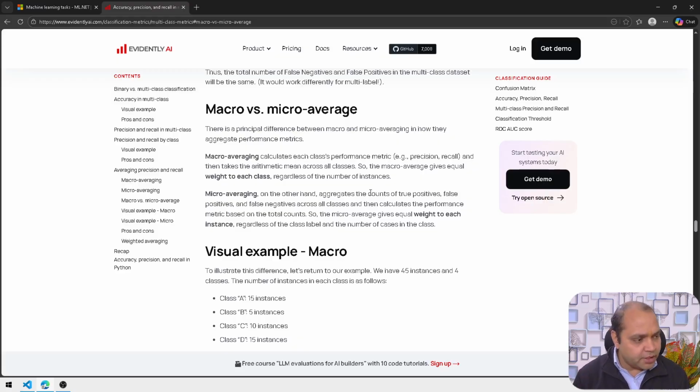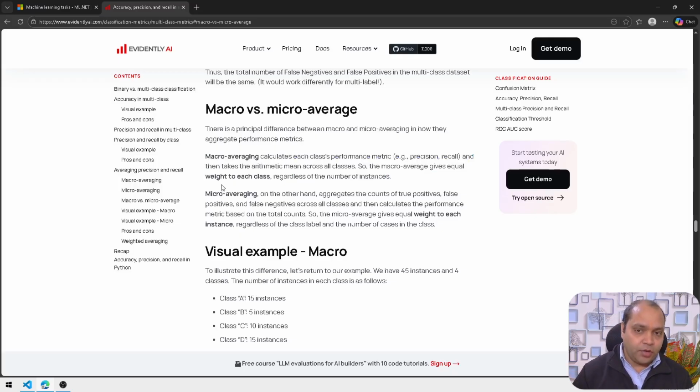This is averaging, guys, because macro accuracy means the model calculates each class's performance. You know precision, recall, and F1 score from the previous session. If you don't know, please refer to the binary classification session. So macro accuracy calculates each class's performance individually and then takes a mean. Averaging means taking a mean of that, so that gives equal weightage to each class. That's perfectly fine, so it is shown here.